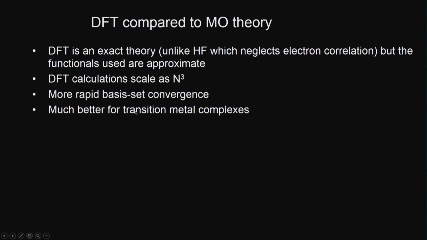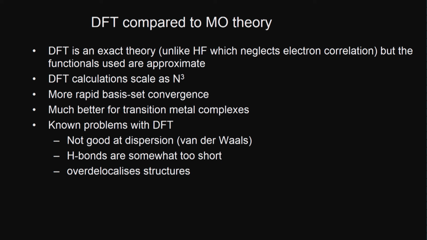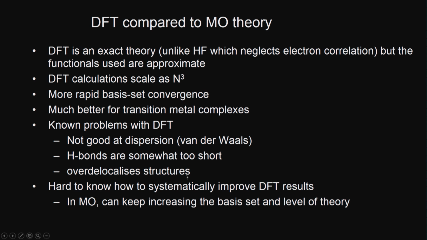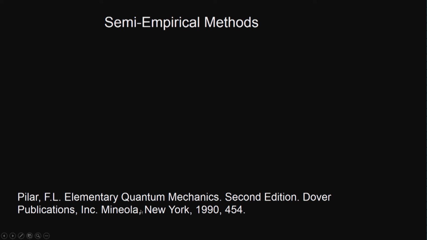Of course, semi-empirical methods are quite approximate. Known problems with DFT: it is not good at dispersion, hydrogen bonds are somewhat too short, it over-delocalizes structures, and it is hard to know how to systematically improve DFT results. In molecular orbital theory we can keep increasing the basis set and level of theory, okay. In DFT you do not know how to improve further.